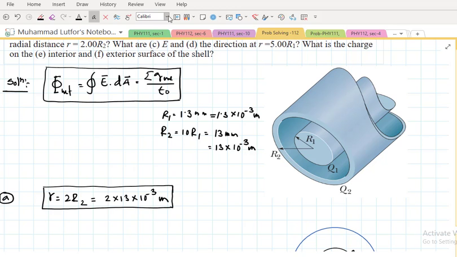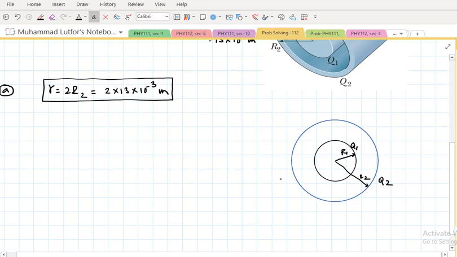So I'm going to draw a Gaussian surface using a different color. Say this is my closed Gaussian surface, I'm choosing for case number 1, and the radius of that Gaussian surface is small r.